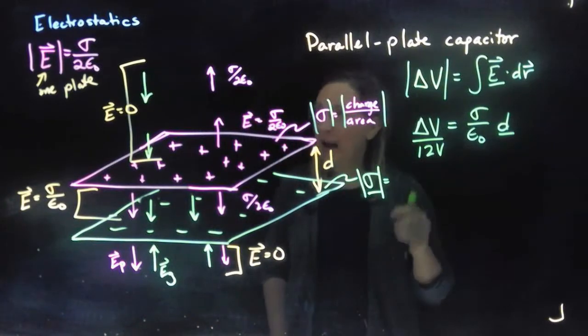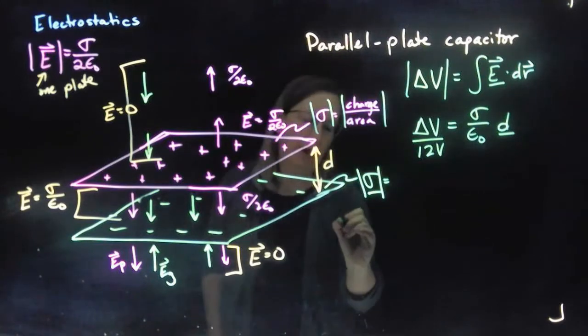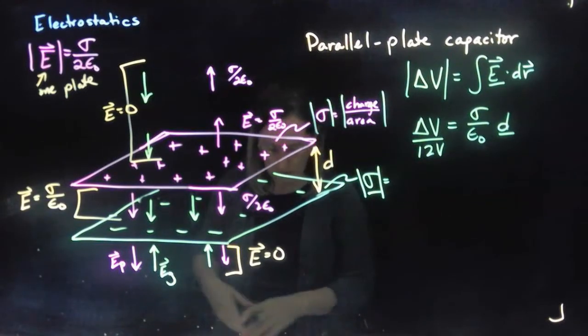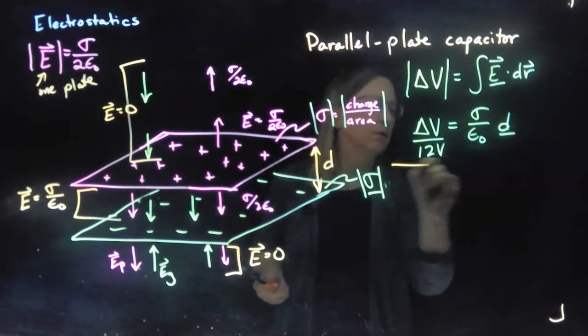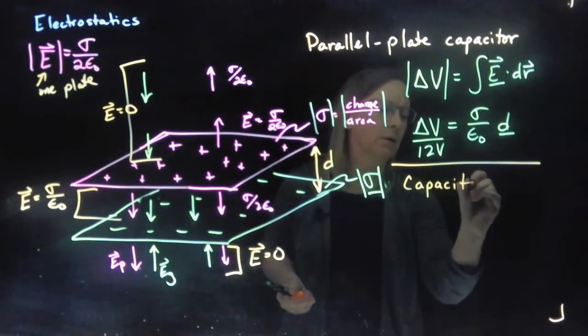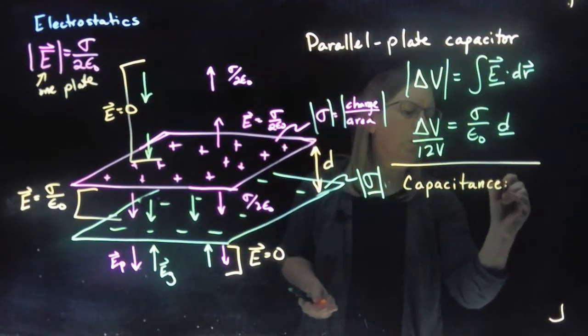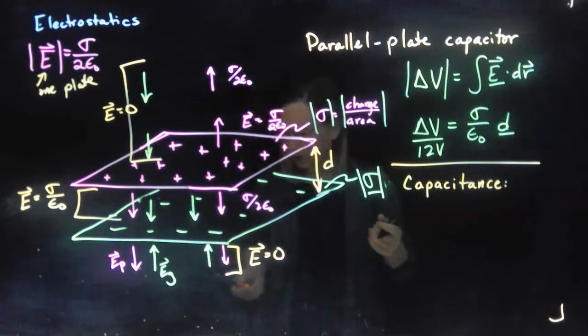So capacity is something that is defined as, capacitance actually is what it's called. Capacitance is how much charge you can hold for a given amount of voltage.